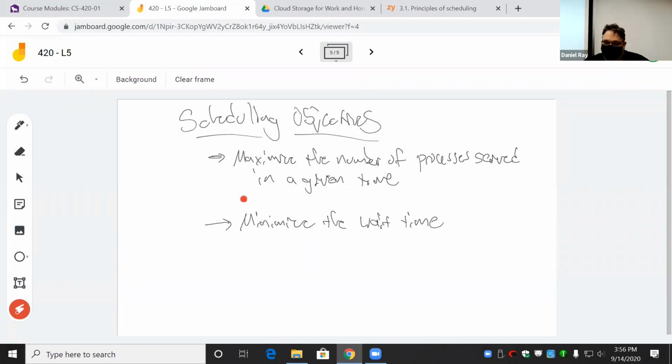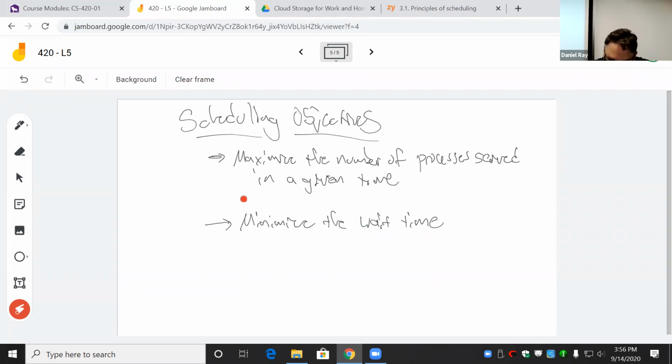Since we're multi-programming, though, and we want to make it look like multiple processes are happening at the same time, we're giving up the possibility that we can always minimize that value, where we're only running each process for as long as it takes to run. But we do, through scheduling, want to minimize each process's wait time.